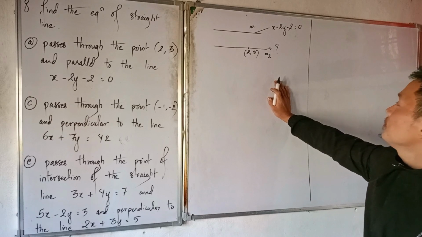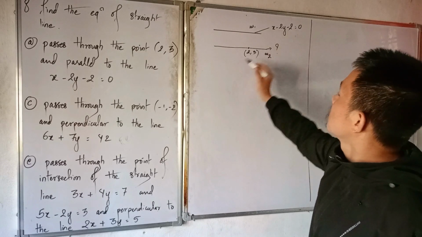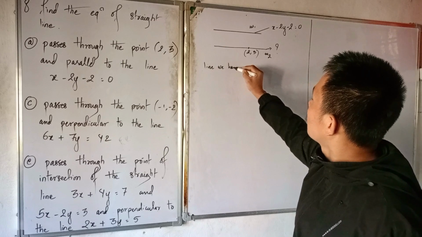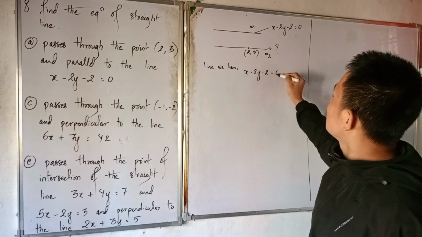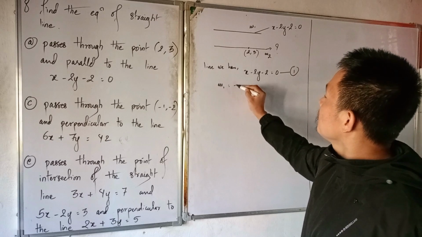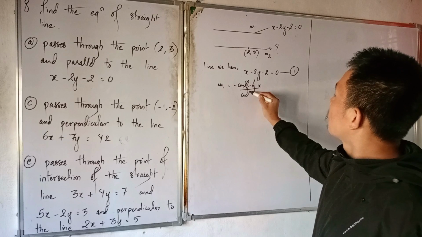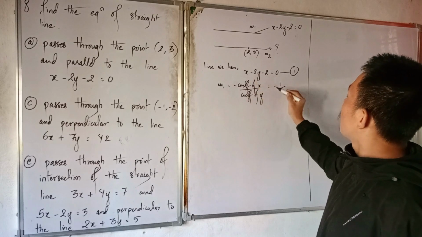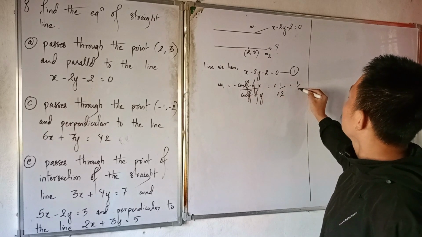So you can see here, the line we have is x minus 2y minus 2 equals 0. The slope of this line will be minus coefficient of x, which is 1, over coefficient of y, which is minus 2, that is 1/2.